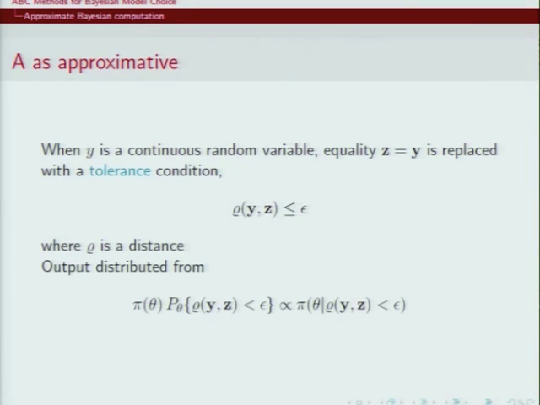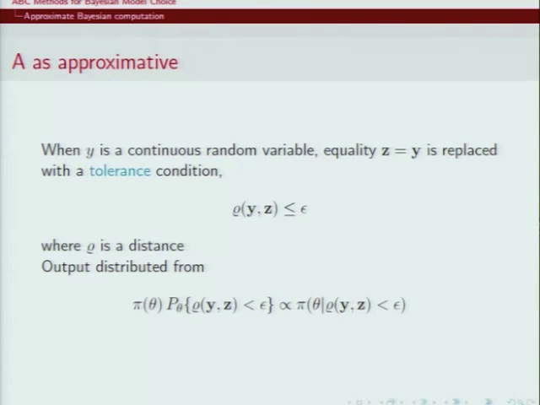Of course this induces an approximation, and the outcome is not from pi of theta given y, but pi of theta given roughly y, that is the zone of rho of y and z less than epsilon.